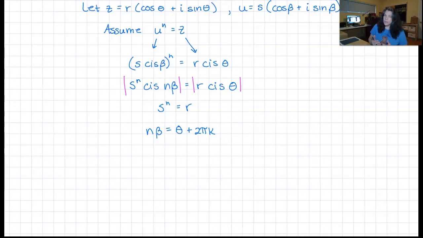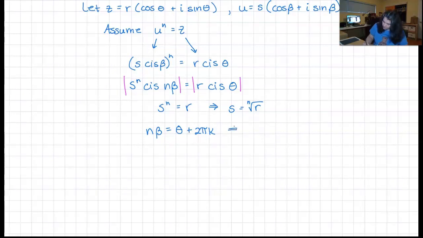And that's kind of where our formula comes from then. If I take the one with the radii, the s to the nth equals r, that means that s is going to be the nth root of r.